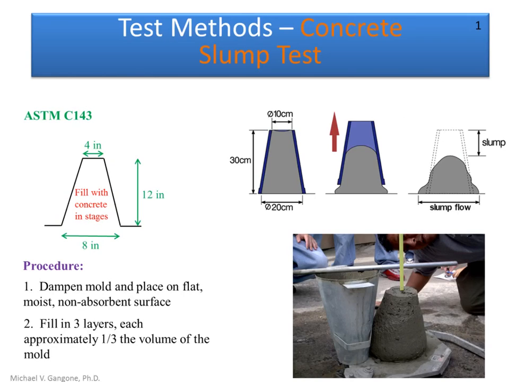If you have concrete with just cement, water, and aggregate, and it has a very large slump, there's probably a lot of water in that mix, and it's probably not going to have as much strength. So in some cases, not all, it can give us a little indication of what type of strength we might expect as well.